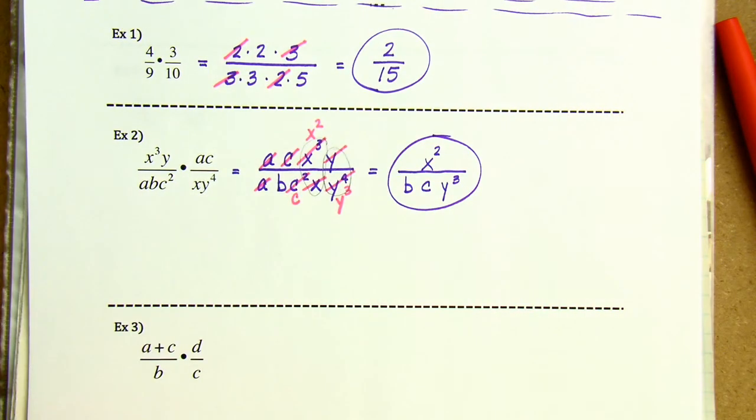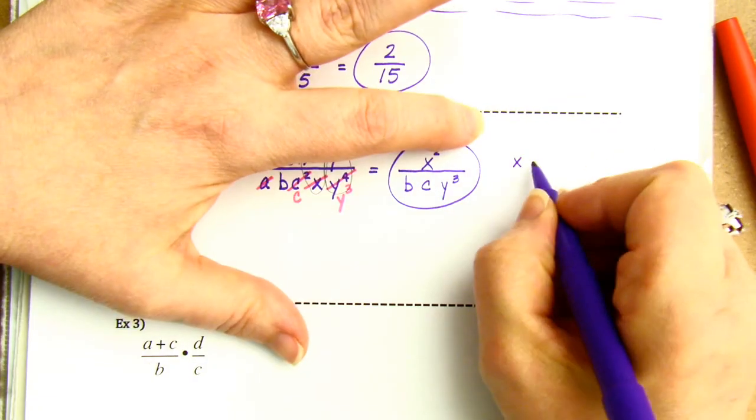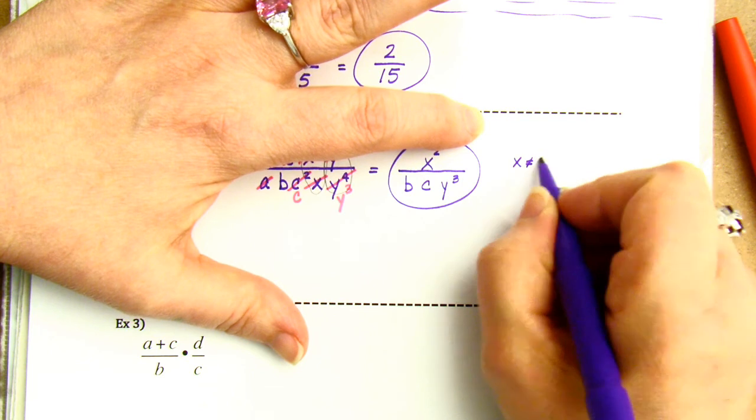Of course, we really should talk about restrictions here, because anytime you have letters in the denominator, you need to include denominator restrictions. So the only value that a, b, c, x, and y cannot equal is 0, right?